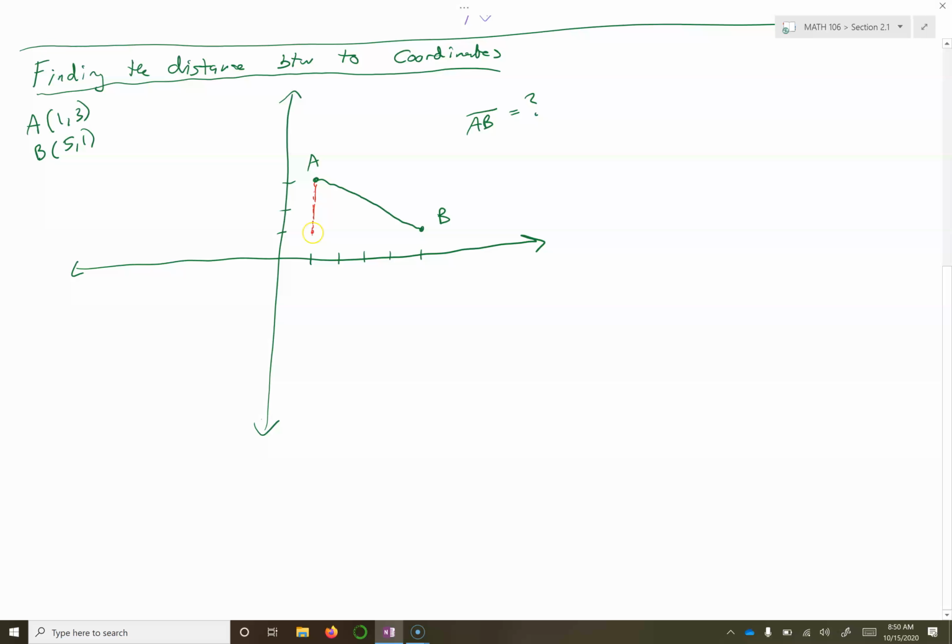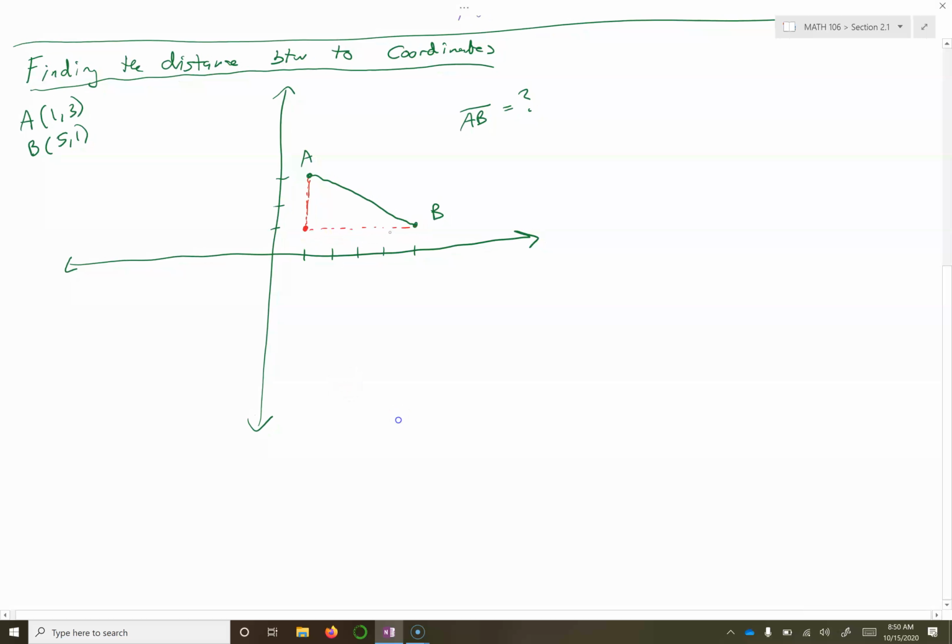At this point here, I'm going to make a horizontal line parallel to the x-axis. Okay. Now, since both of those red lines are parallel to the y and x-axis, if the Cartesian coordinate system has a right angle here, we also have a right angle there. So you see that we're making a right triangle.